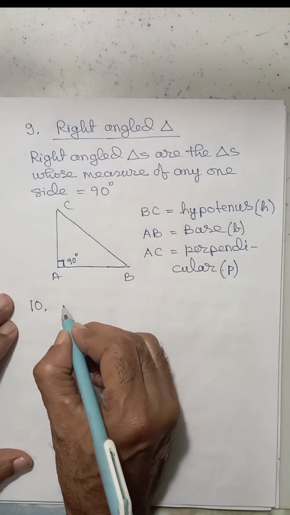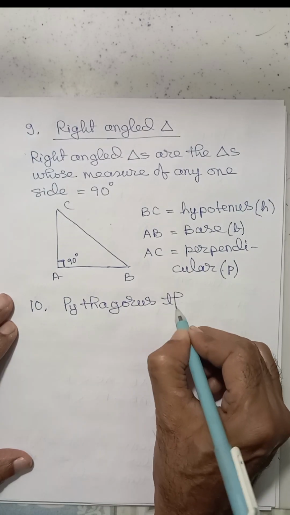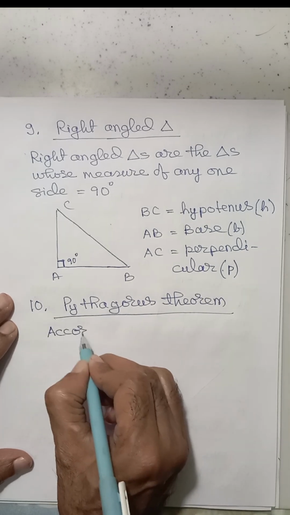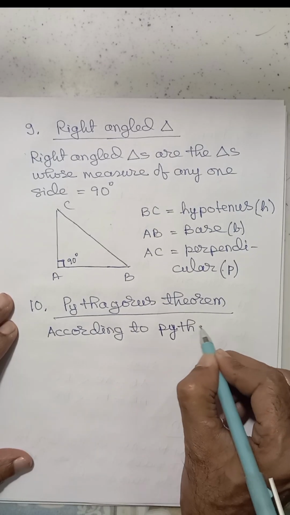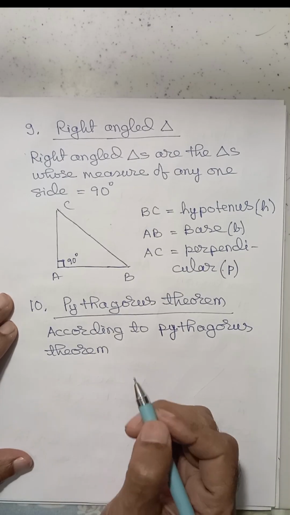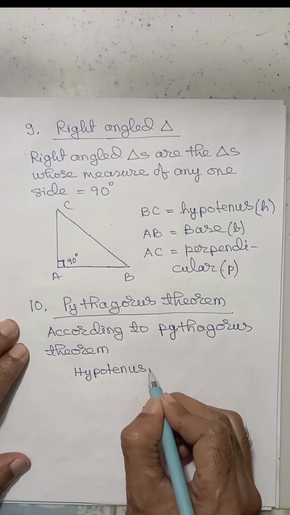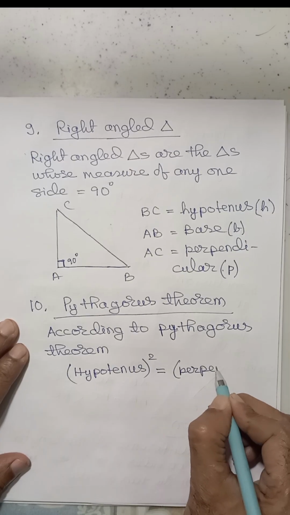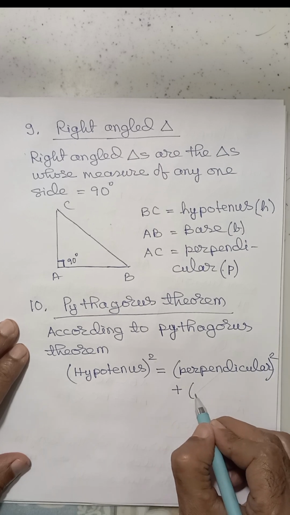Now we'll come to the Pythagoras theorem. According to the Pythagoras theorem, hypotenuse square will be equal to perpendicular square plus base square.